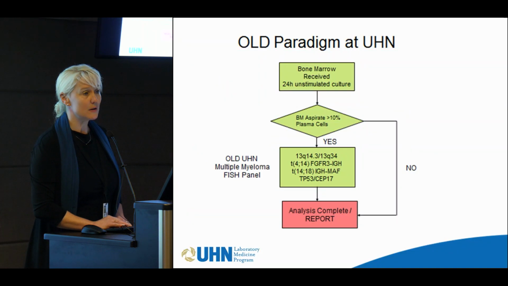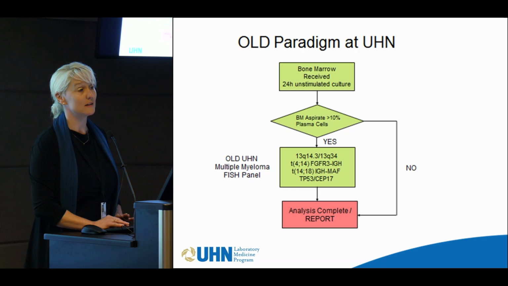So previously at UHN, when we received a bone marrow, the whole bone marrow would be cultured. We would harvest it, then fix it and archive it, and just wait until we received a hematopathologist report indicating that they suspect multiple myeloma is present, and to go ahead and do the FISH analysis.